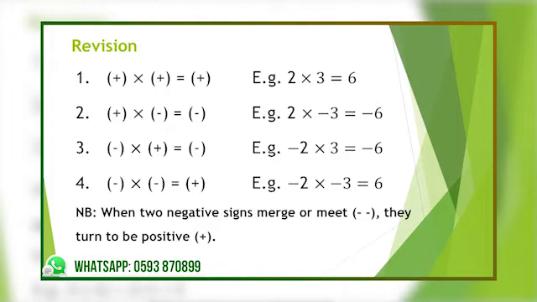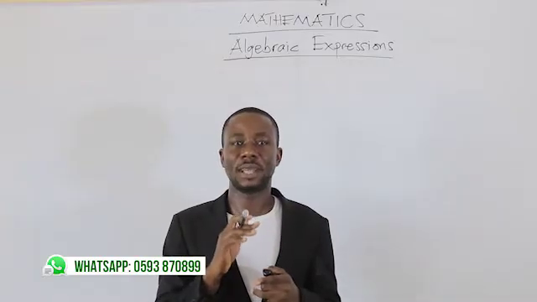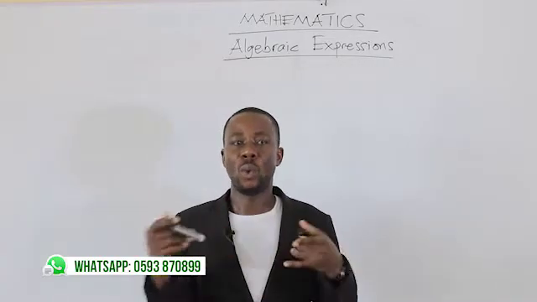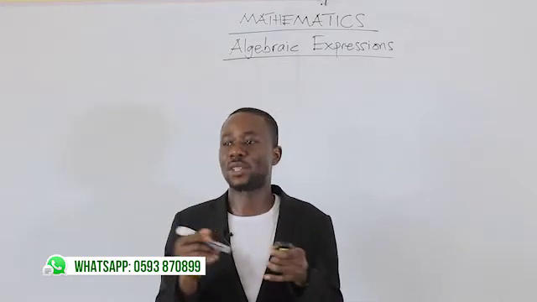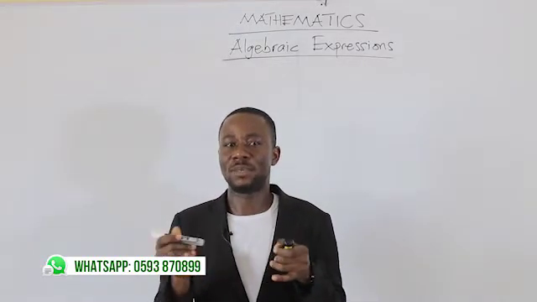For example, negative 2 times negative 3 gives us positive 6. Now take notes. Whenever two negative signs merge or meet, they turn out to be positive. Yes, this sometimes confuses students, but don't be confused. All that it means is that it is assumed they are multiplying. So when a negative multiplies a negative, you get a positive.